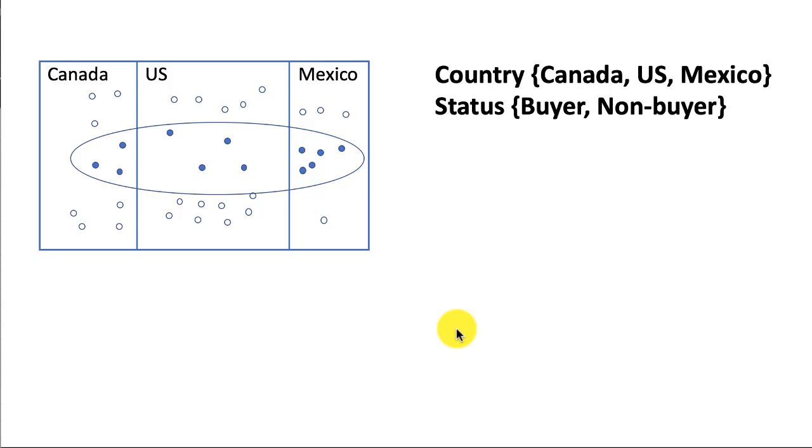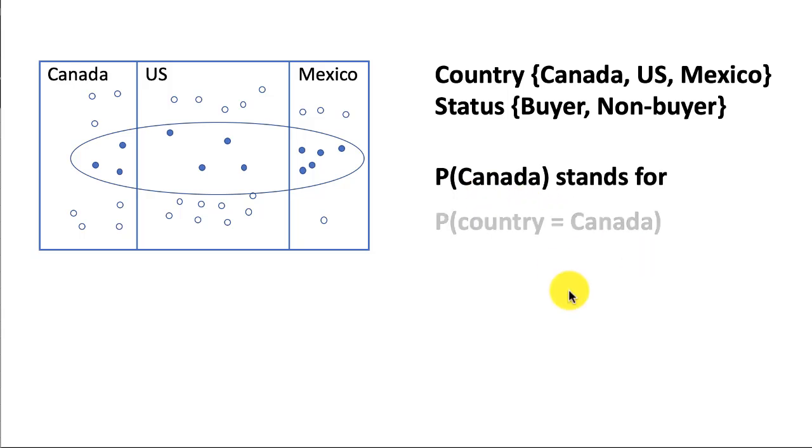Now, given this scenario, we have the possible values of country, Canada, US, Mexico, and the possible statuses for a person, buyer or non-buyer. So if you use the expression P(Canada), that stands for the probability that a randomly chosen person has the country Canada, because now we have two dimensions, the country and the status.